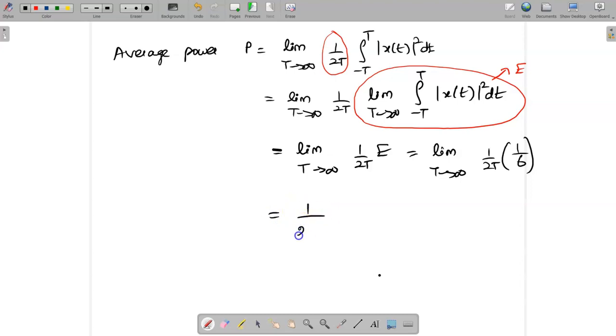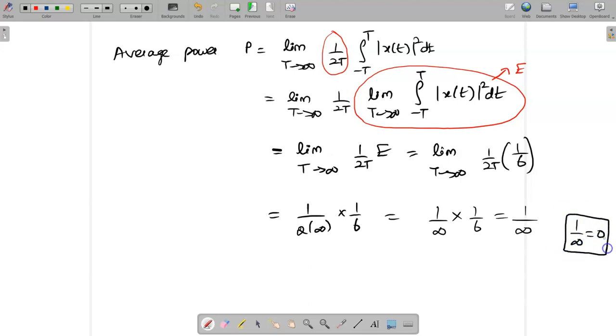So 1 by 2 into infinity. 2 into infinity is infinity, so I have 1 by infinity into 1 by 6. Numerator is 1, and infinity into any value is infinity, so 1 by infinity is nothing but 0. So the average power P is nothing but 0.